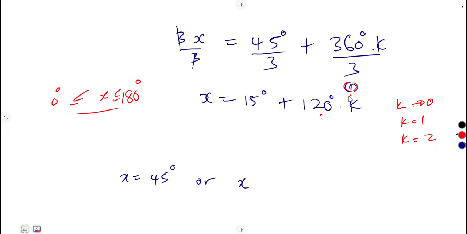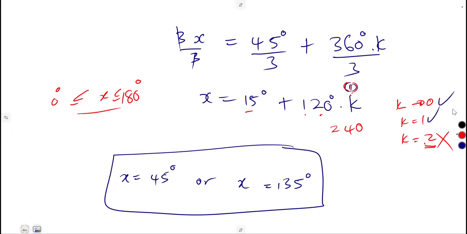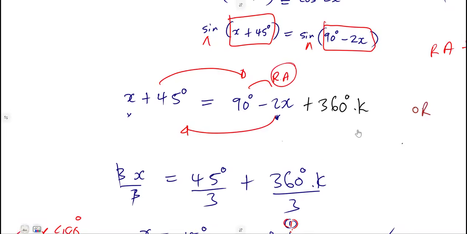That's 120 times 1, which is 120 plus 45, which is 135. So it can also be 135. When it is 2, 120 times 2 is going to be 240, which is already out of the interval 180. It is out of the interval. So meaning to say, for 2, there's nothing there. We're going to get this one and this one. So this is what we are having from the first part of our solution.